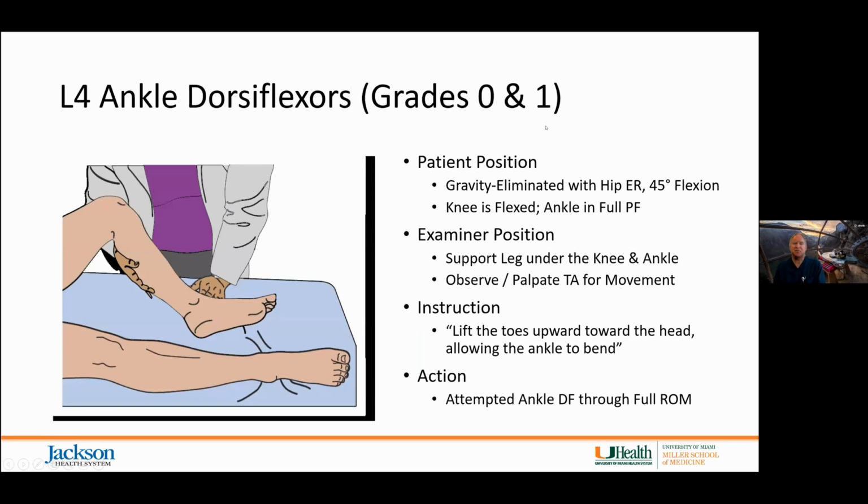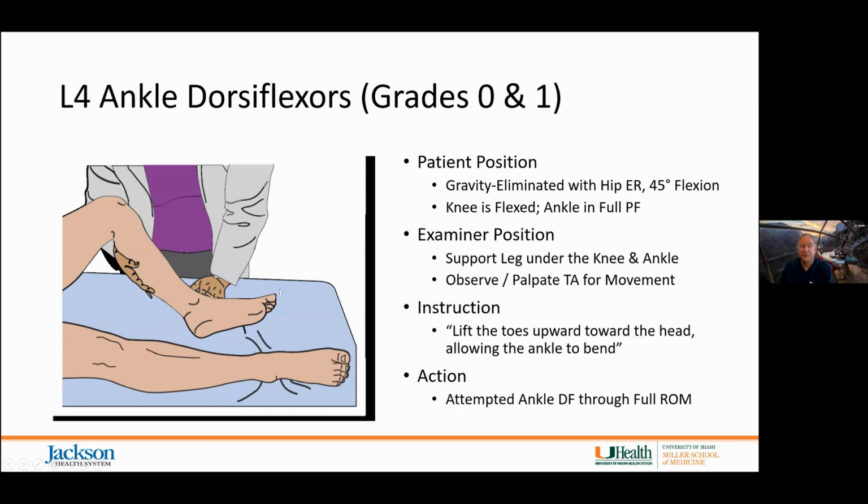Ankle dorsiflexors, again, you're going to eliminate gravity by externally rotating the leg out to the side, supporting the leg under the knee and ankle, and ask them to lift the toes upward toward the head, allowing the ankle to bend. I actually ask them to bend the ankle because I don't want to just look at their EHL function there.